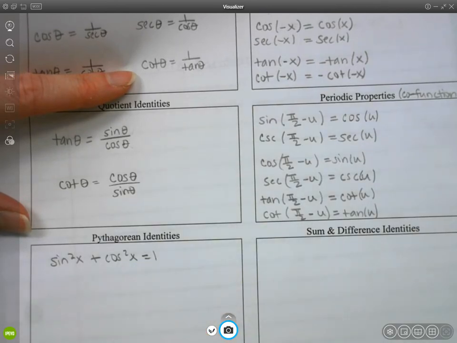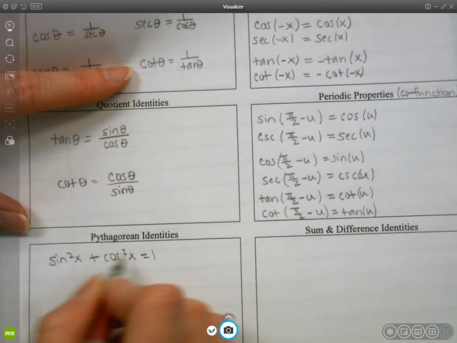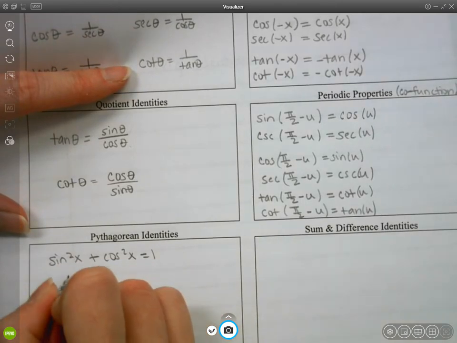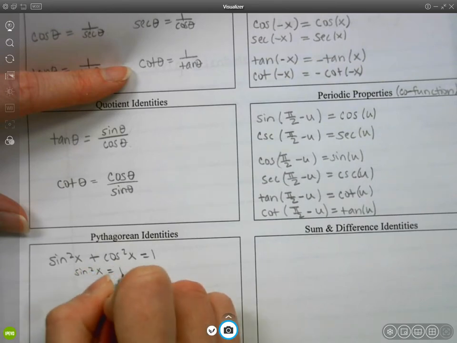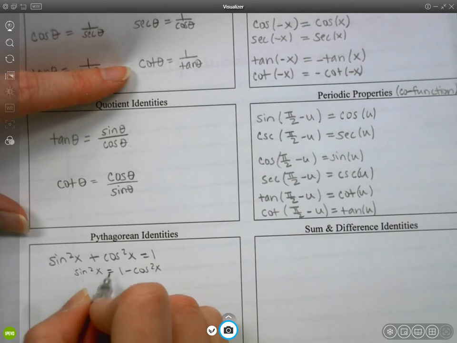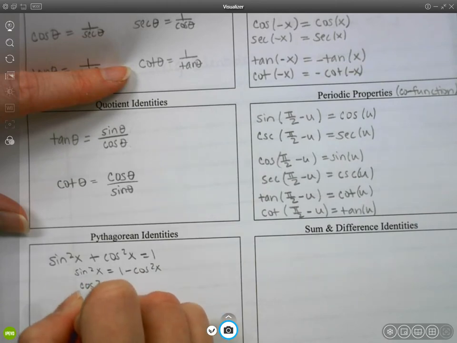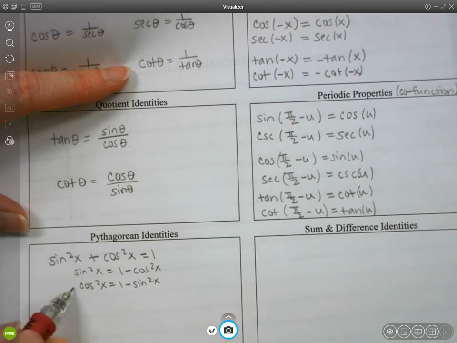Now keep in mind that that is the identity. But if you rearrange it so that sine squared is by itself, it would be sine squared is equal to 1 minus cosine squared. Or if you want cosine by itself, it would be cosine squared is equal to 1 minus sine squared. Those are all three the same equation.